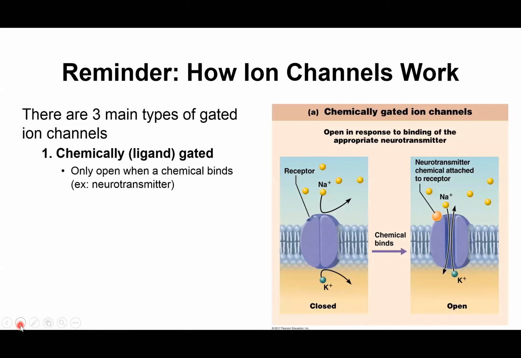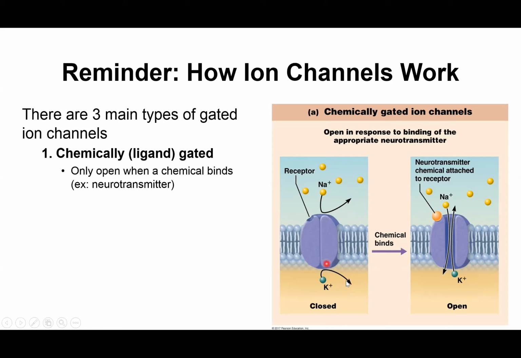But we have gated channels, and the first type that I will remind you about are the chemically or ligand gated channels. These are the channels that open in response to the binding of some kind of chemical on a receptor, for example, a neurotransmitter. So let's pretend this is a sodium potassium gated channel. When the receptor site is not bound, the channel is closed.